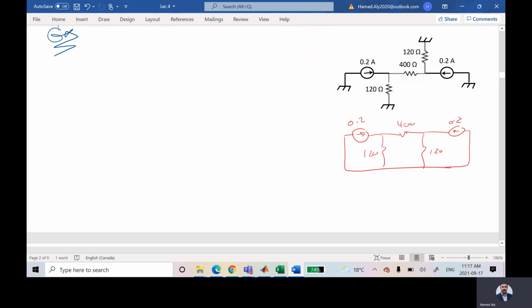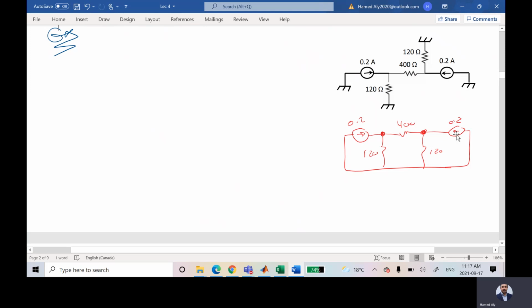What I told you, if you don't like to waste your time, and you realized that the voltage for this node is the same as the voltage for this node. How did you know? Because this resistor is the same as this, and this current source is the same as this.